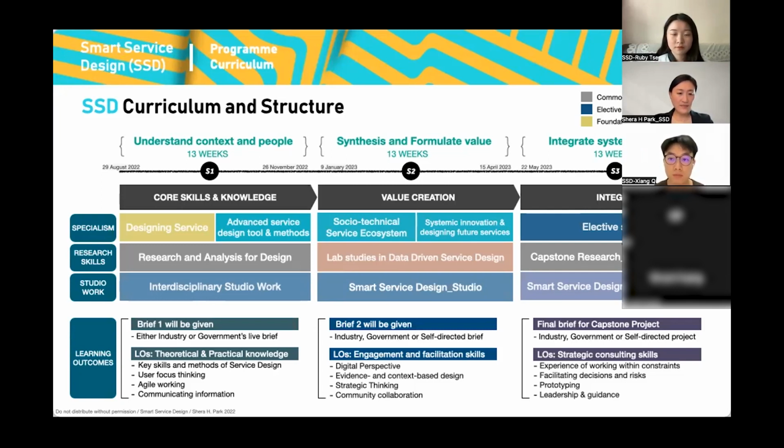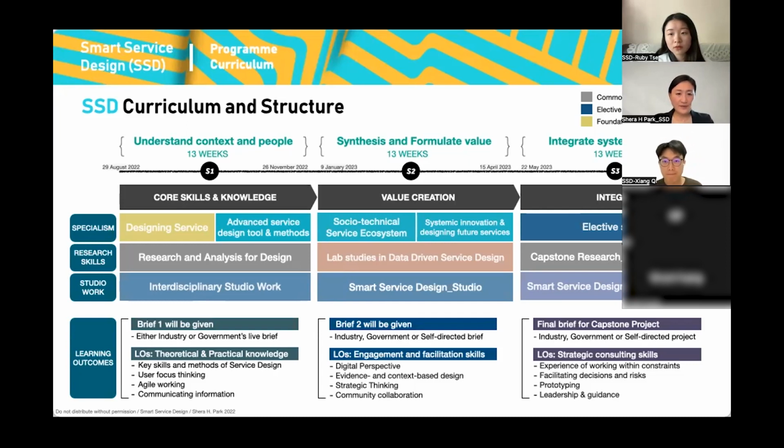In the first semester, as you can see, we focus on the development of the core skills and knowledge of smart service design. You will be given a brief from specific social or business challenges. You will learn the theoretical and practical knowledge from the subject, and also have some opportunity to practice what you learn from research, as well as the special knowledge, in the studio.